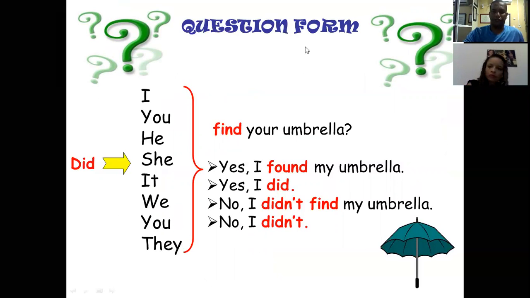But the verb, for example, in this case I'm using find, is in infinitive form without to. Did I find your umbrella? Or did you find your umbrella? Or did she find your umbrella?